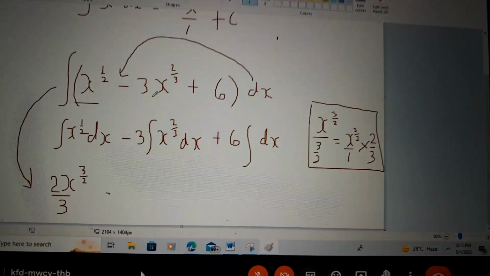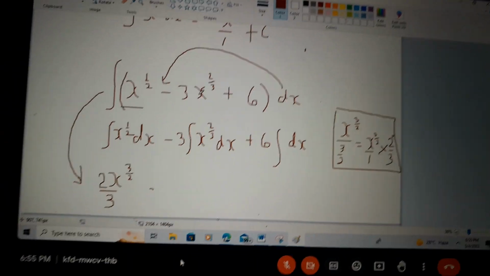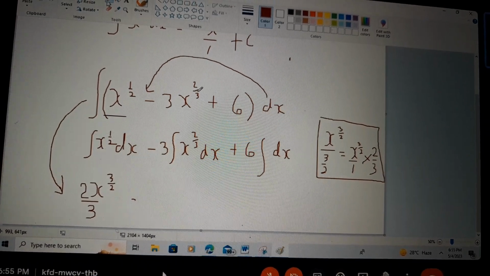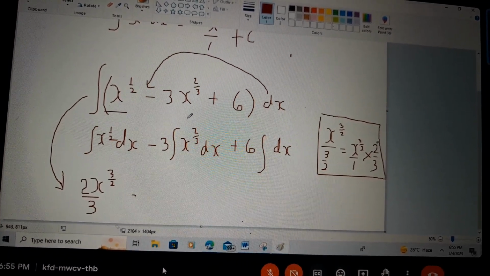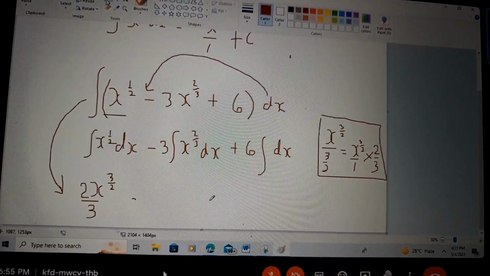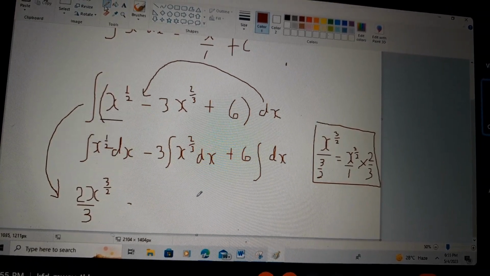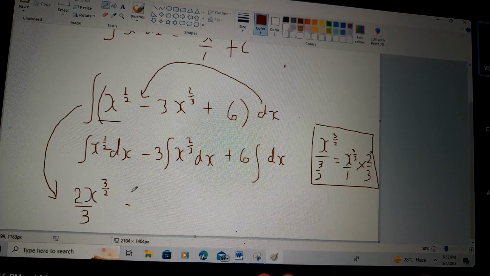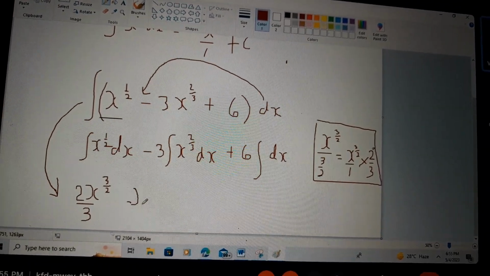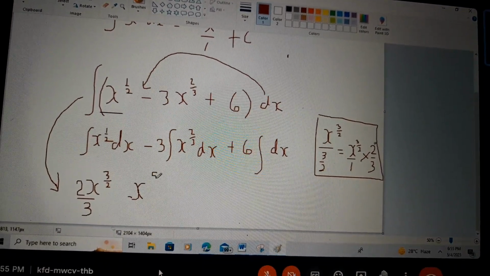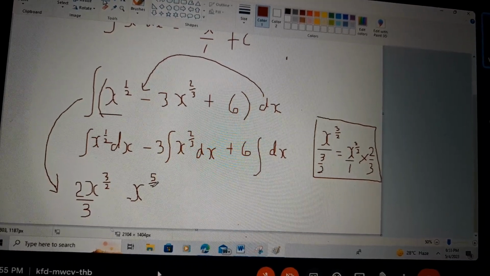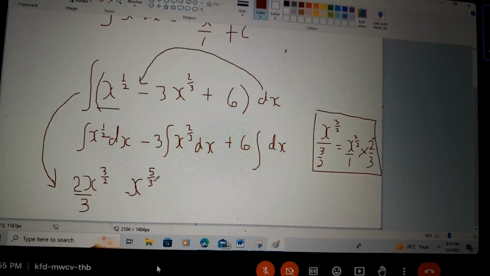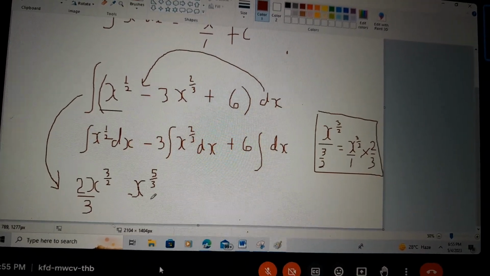Great. So let's look at the second one. So we have x to the 2/3. When we add 1, what will be the new power? 5/3. Very good. It will be x to the 5/3, and we are multiplying by 3/5, isn't that so?